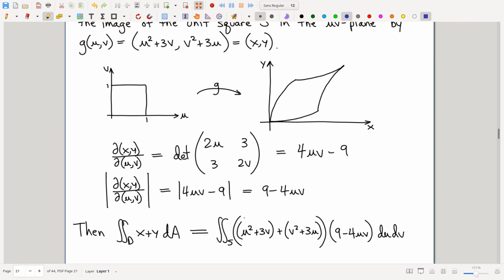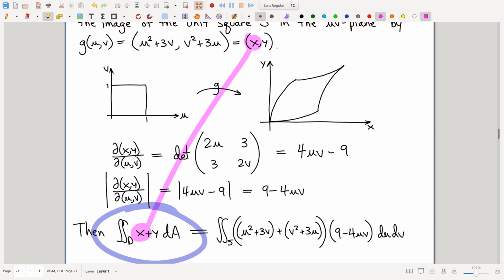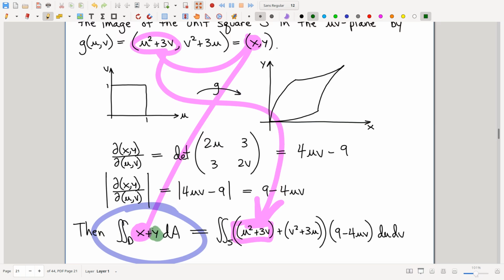This is the integral that we were asked to compute. We're going to start plugging stuff in. X, what am I going to do with that? What is X? Well, it says so right here. X is that expression, which I then pop right in there where the X was. And then let's see, Y. What is Y?